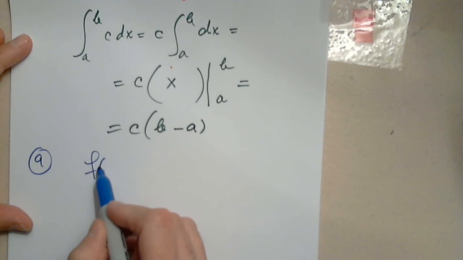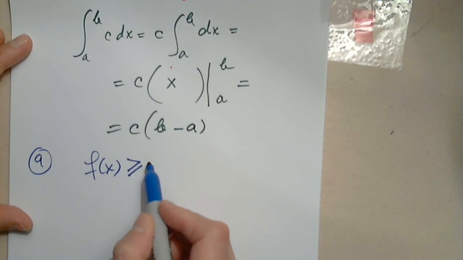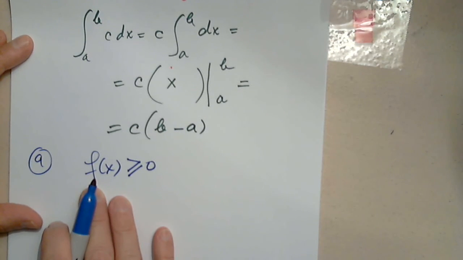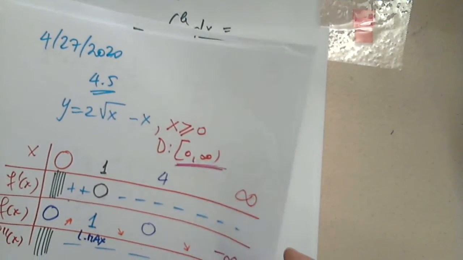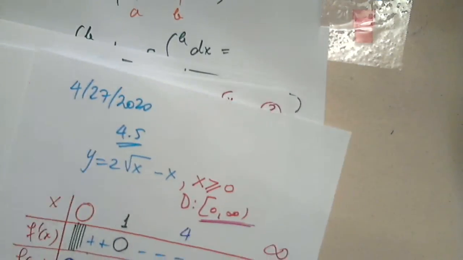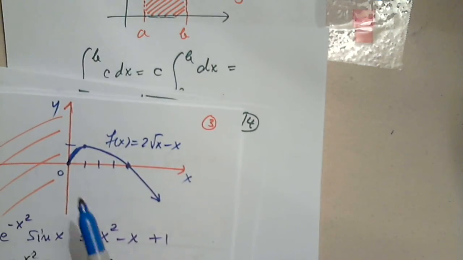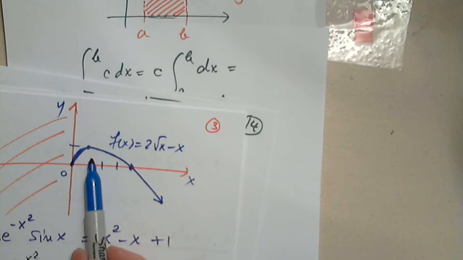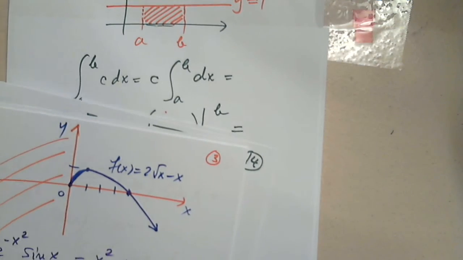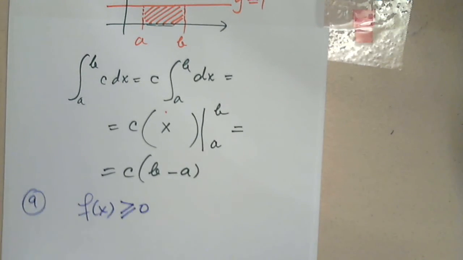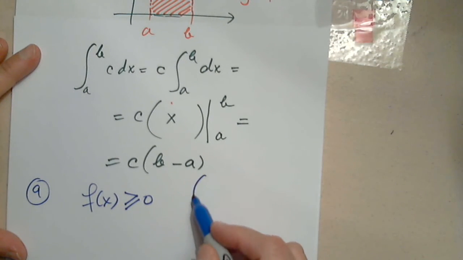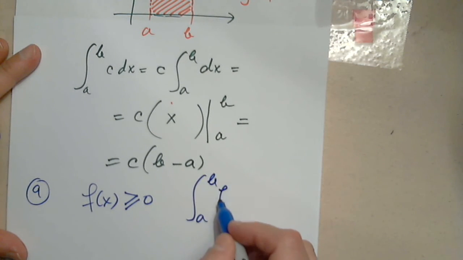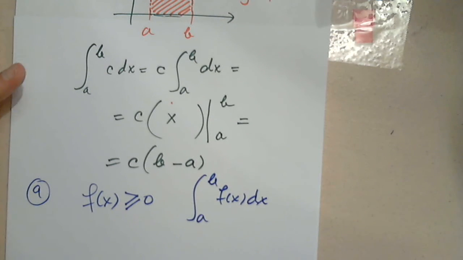Number 9. If I know that the function is always positive, like the previous example that we looked at, even the one that we just graphed at the beginning, this is not a positive function always. It's positive and then negative. But if I know that the function is always positive, what do you conclude about the integral from a to b from f of x dx?